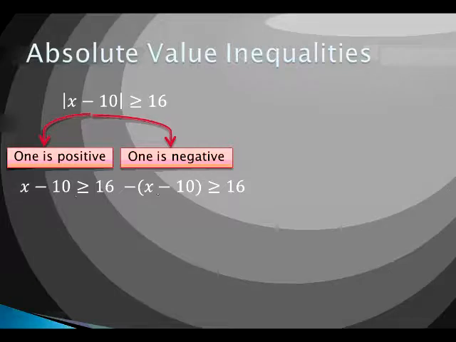Now, each one in this case has something to be solved, and this is just our basic solving skills once again. So on the left, you're going to add 10 to both sides. x is greater than or equal to 26. That part is done. We don't need to do any more. On the right, you could choose to distribute the negative.